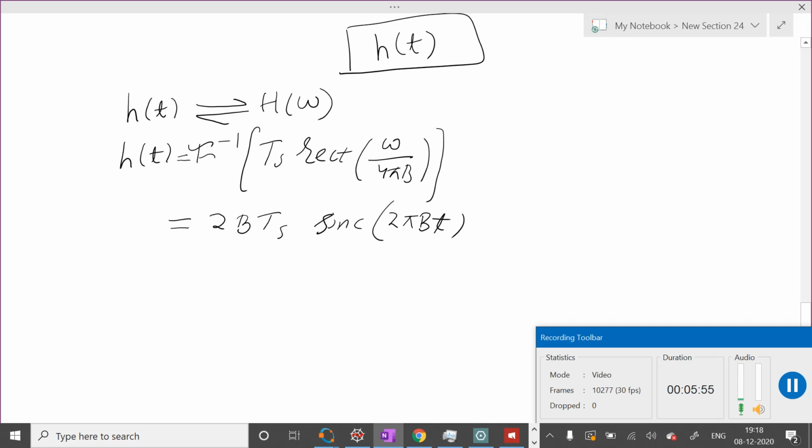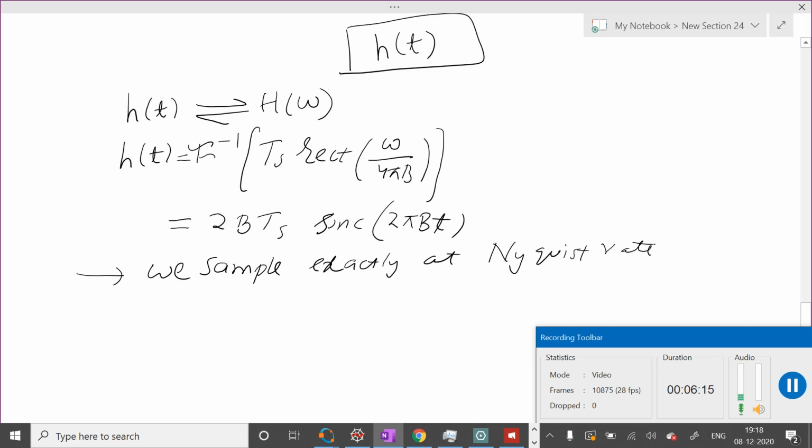So now this is the filter response, and since I will be considering that we sample exactly at Nyquist rate, when we sample exactly at Nyquist rate, that means this fs will be exactly 2b, which means 1 over ts will be exactly equal to 2b, that is 2b ts will be equal to 1.